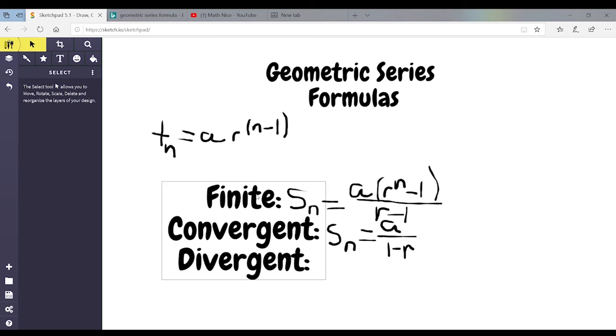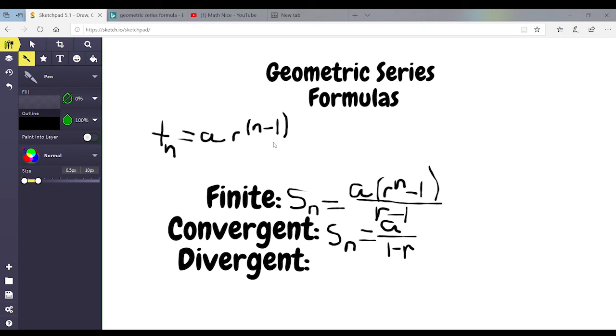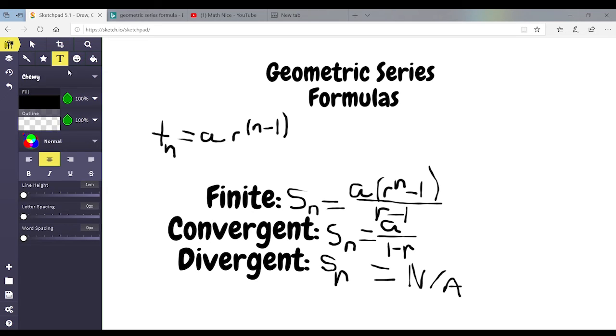Okay, so divergent is going to be S sub n equals, actually, n slash a. So the reason I did this was because divergent series, we talked about this before, don't have a formula, because in order to find the sum of a divergent infinite series, it would just continue to go upwards.